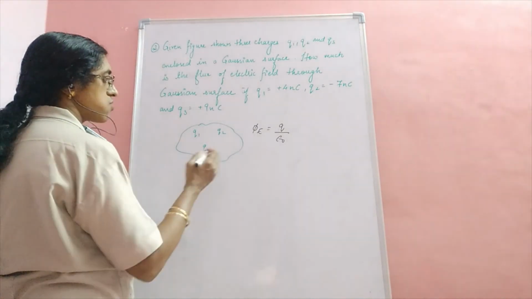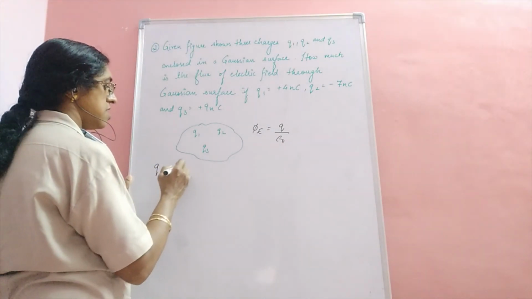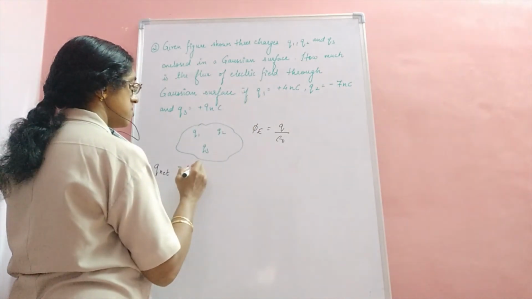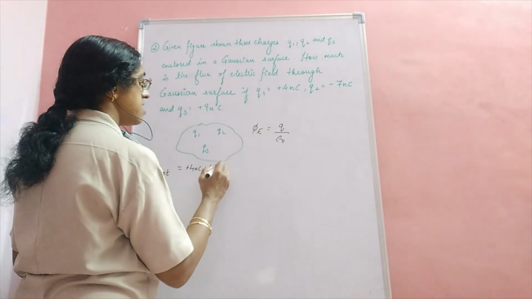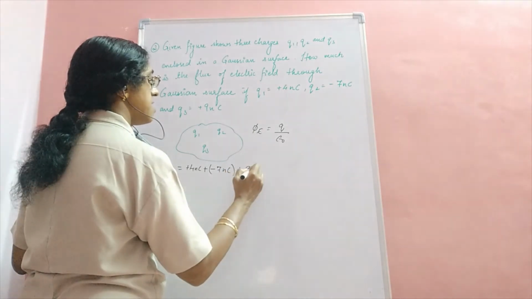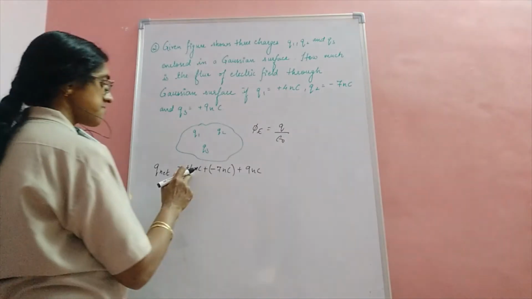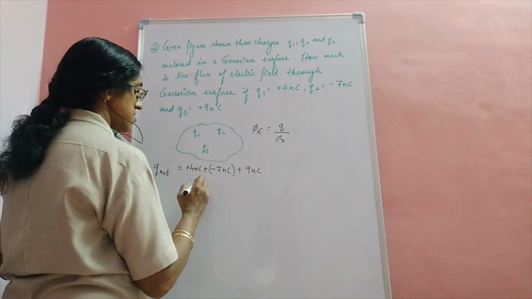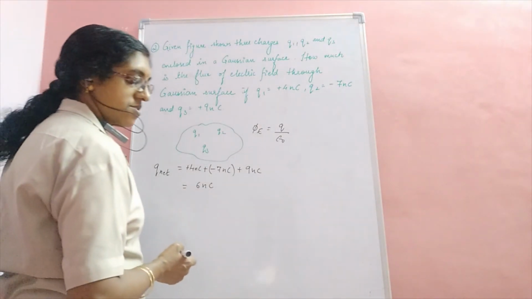Now, the net charge Q net will be equal to plus 4 nanocoulomb plus minus 7 nanocoulomb plus 9 nanocoulomb, which would be equal to 6 nanocoulomb, right?